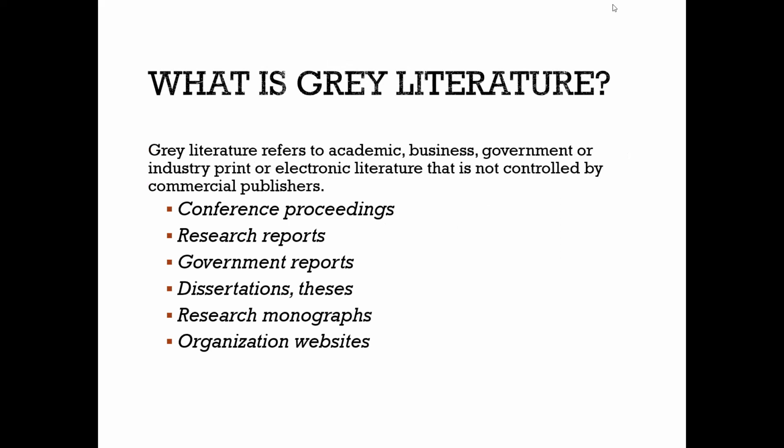Like I mentioned, conference proceedings, research reports, government reports, dissertations or theses, or organization websites. For example, if you're working on a particular organization like Oxford University, it will have its own website where they publish, which you might not have access to, so you have to obtain access. So these are gray literatures.